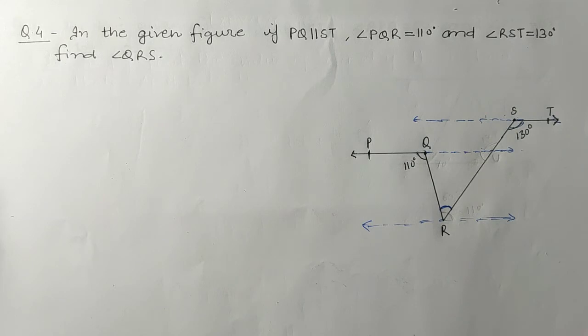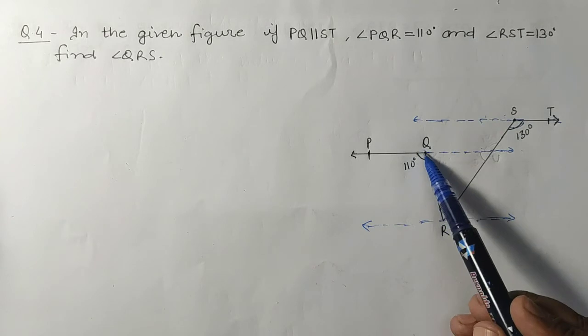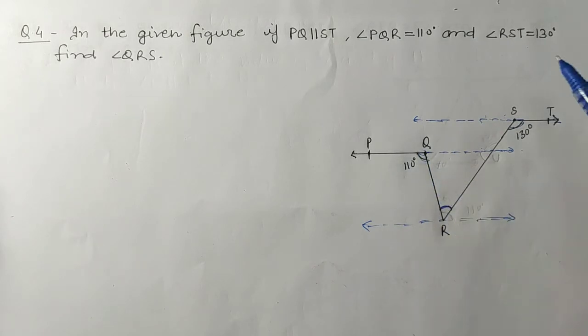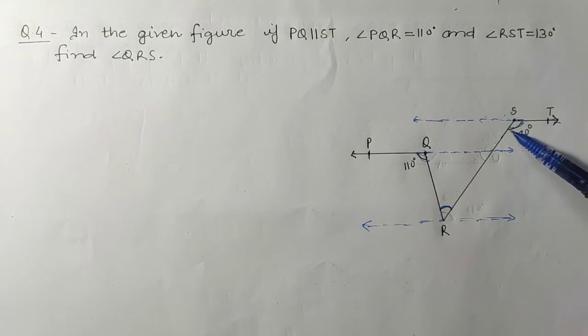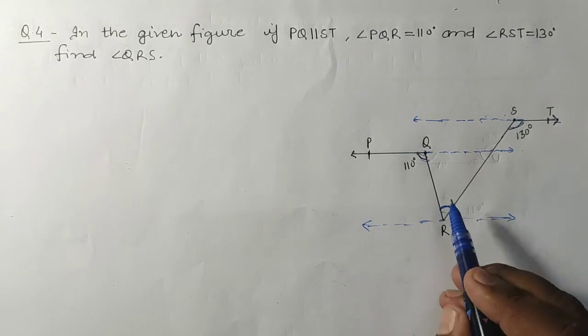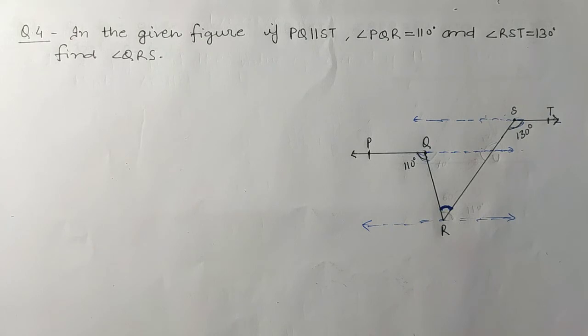PQR is given as 110 degrees, this angle is 110 degrees, and angle RST is 130 degrees, means this angle is 130 degrees. So we have to find angle QRS, means we have to find this angle. So how will we find this angle, students?